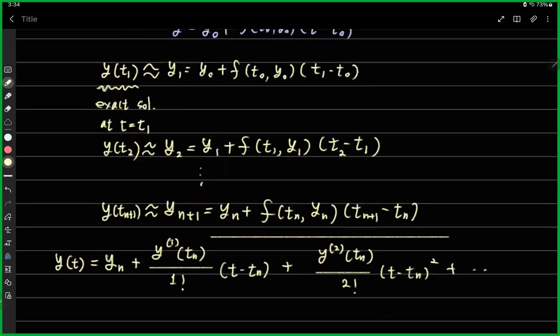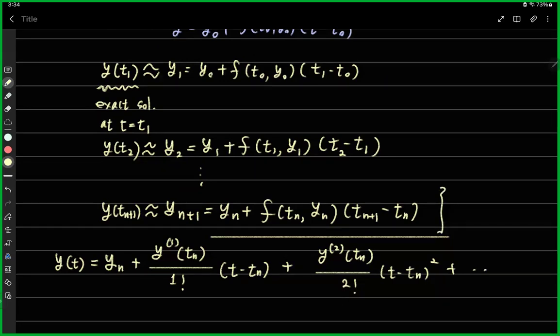So Euler's method is the degree 1 of Taylor's method, and Taylor's method is more general than Euler's method. We talk about Taylor's method in chapter 2. I'm just giving you a short introduction. You don't have to understand this at this point, but you should keep in mind that this is Euler's method.